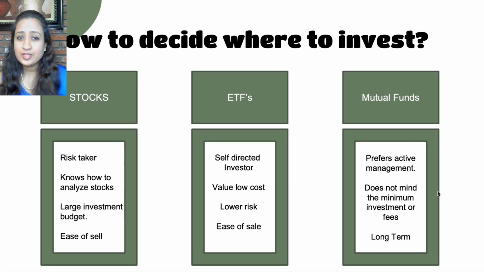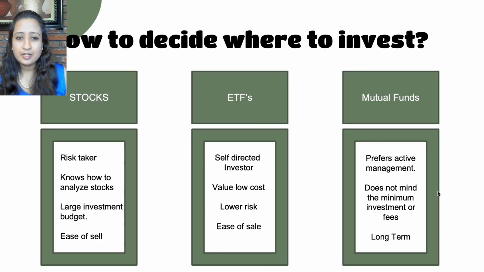Whereas ETFs are for the self-directed investor who doesn't mind taking a bit of risk, but at the same time is also looking at a diversified portfolio like a mutual fund without the high management fees and the minimum dollar requirement, and also the flexibility to trade on the exchange similar to stocks.